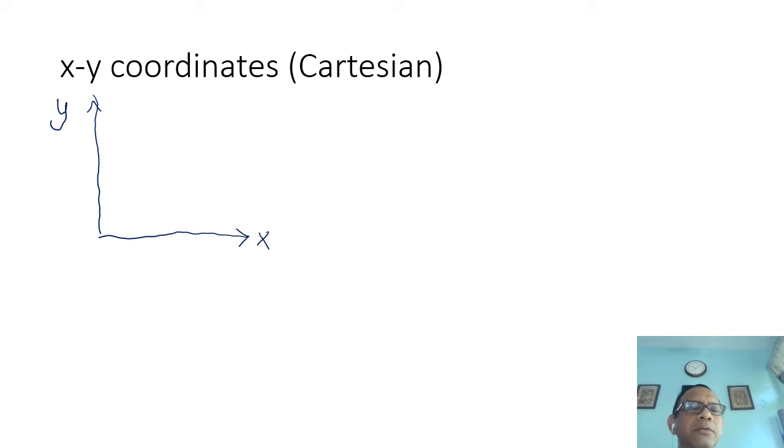So that is basically the XY coordinate system. And if there is a position of a particle here, we have what we call the position vector. That position vector is represented by r underlined.